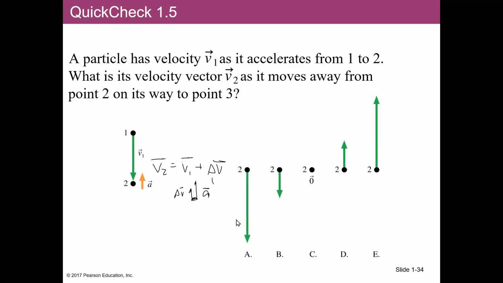They're both in the same direction. And so that means that the change in velocity will also point up. So that's just going to make this one smaller. So this is the v2 vector, and then it ends up at point 3.